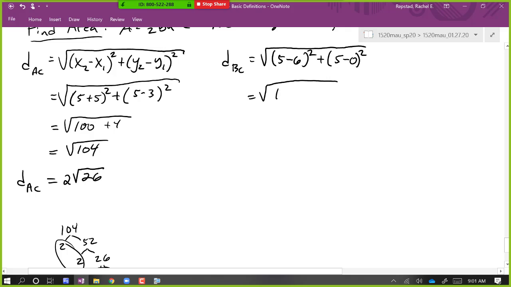So 1 squared is 1 plus 5 squared is 25. So we have the square root of 26, which is already simplified. And now that we have these, we can use our formula to find the area.